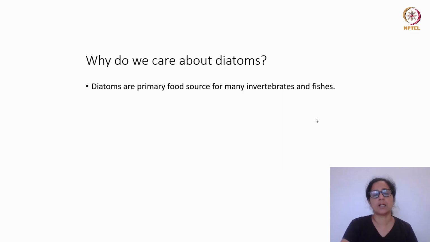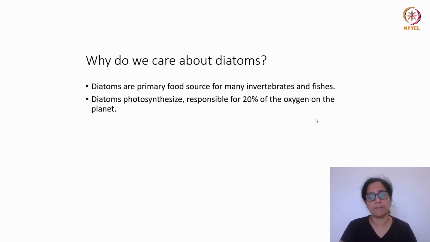Diatoms are also important because they are responsible for 20% of the oxygen on the planet because they photosynthesize and take up carbon dioxide. The atmosphere has a lot of carbon dioxide, right?